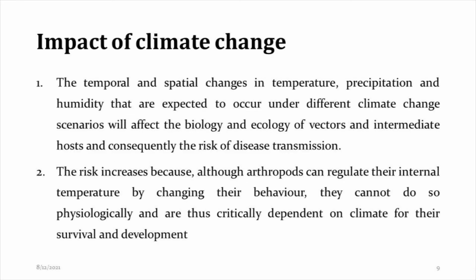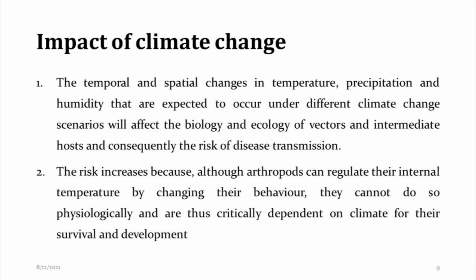The impact of climate change on vector or rodent-borne diseases are dependent on the temporal and spatial changes in temperature, precipitation and humidity that are expected to occur under different climate change scenarios, which will affect the biology and ecology of vectors and intermediate hosts, which consequently leads to the risk of disease transmission.